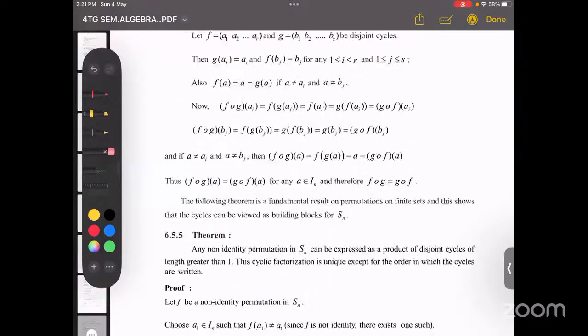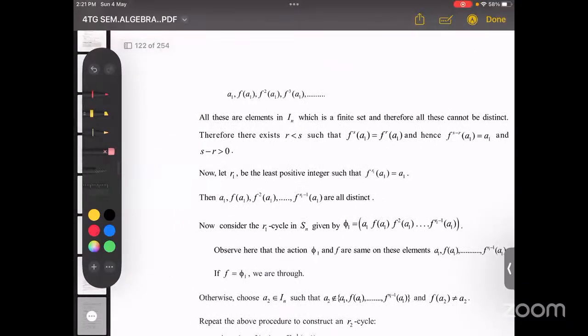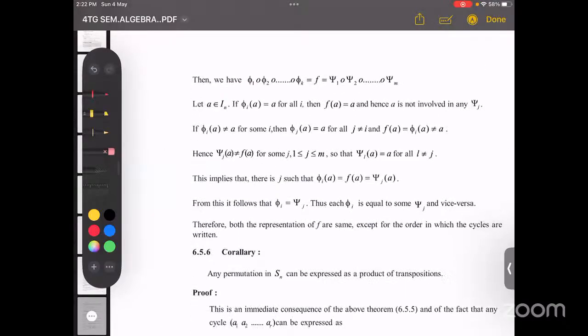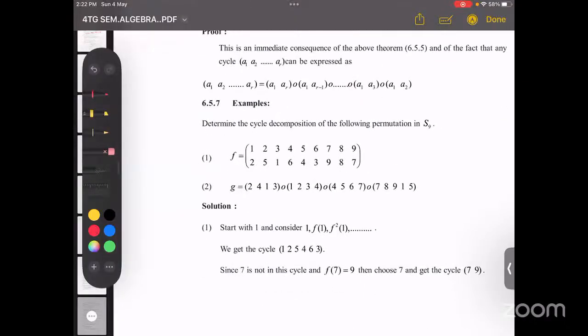So for the problems we have done, he will ask to write them in the form of transposition and also in the form of disjoint cycles. Okay. Determine the cycle decomposition of the following permutation in S9. Okay, S9, here up to 9 elements are there. Here the permutation is given. So we have to determine the cycle decomposition of the following permutations.